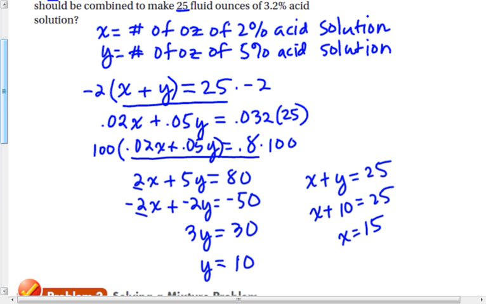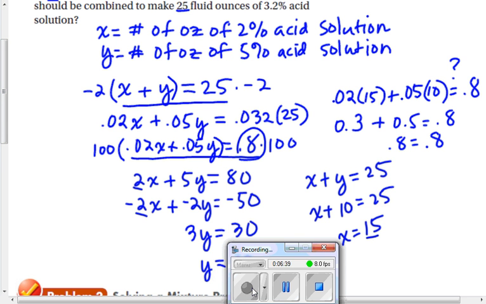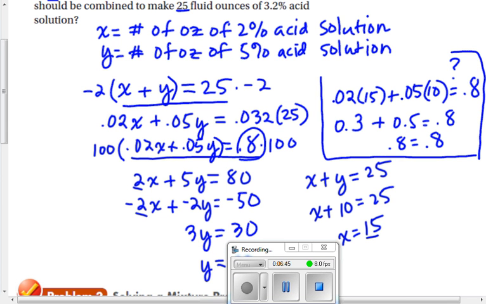So I'm going to use 10 ounces of the 2% solution and 15 ounces of the 5% solution. I'm just going to check that to make sure that that ends up being what I want here at the 0.8. I'll show you the work there. And so you can see how I check my work here using the 2% and the 5%. All right, go ahead, you try one of those.